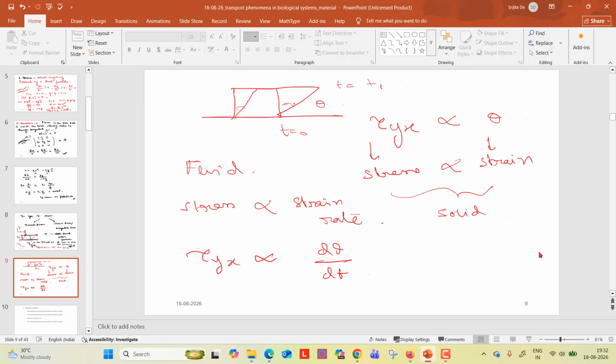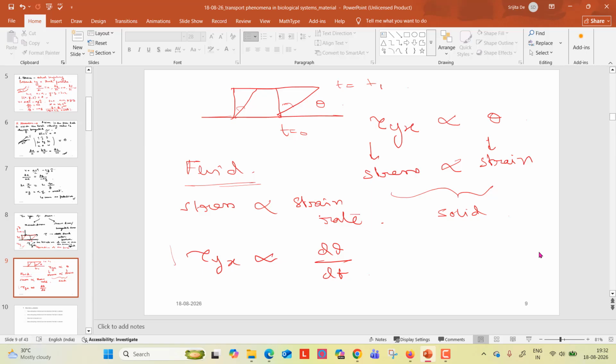So how the angle is changing with time, this rate is captured in the fluid with a proportionality of stress. So in case of fluid, we say stress is proportional to strain rate, and in case of solid, we say that stress is proportional to strain.